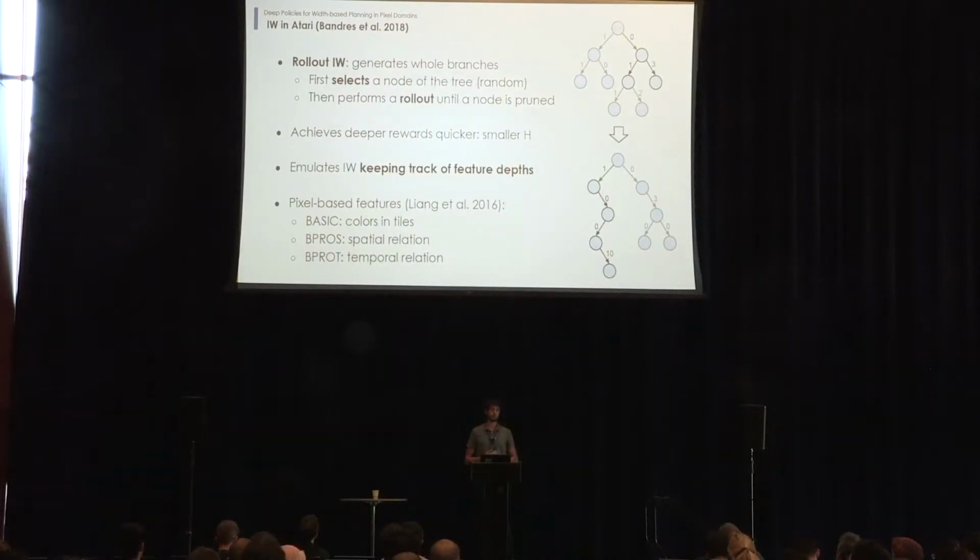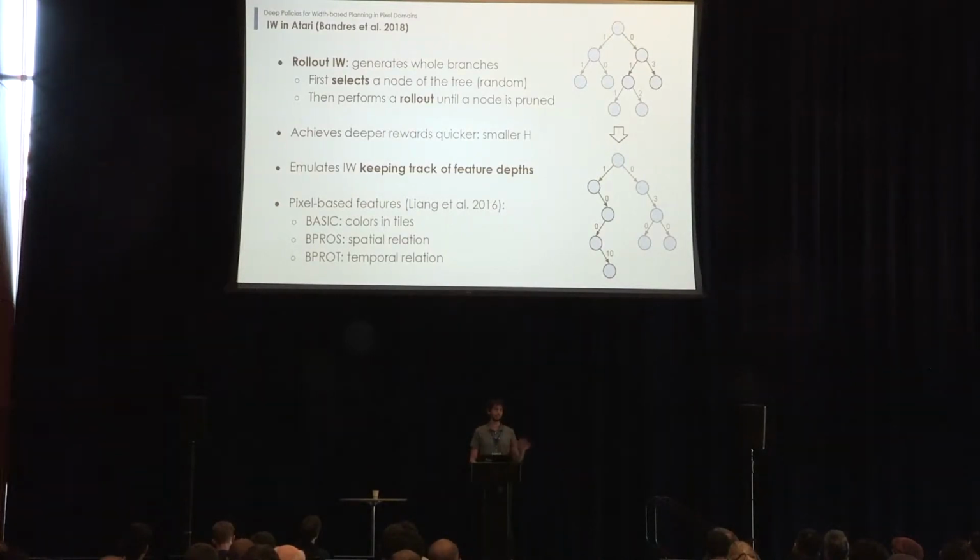Last year, Bandres and co-authors modified the algorithm by, instead of doing breadth-first search, generating whole branches by first selecting a node and then rolling out until a node is pruned. This achieves deeper rewards quicker, allowing for a smaller horizon, and it let them plan in almost real time.